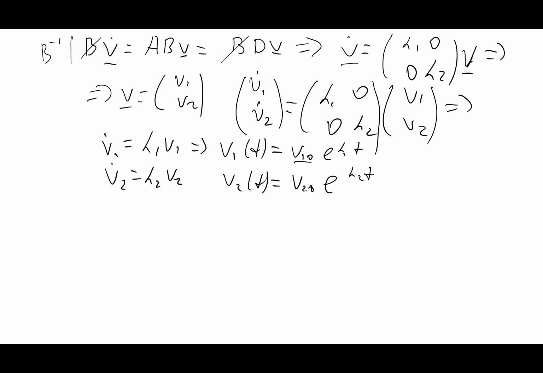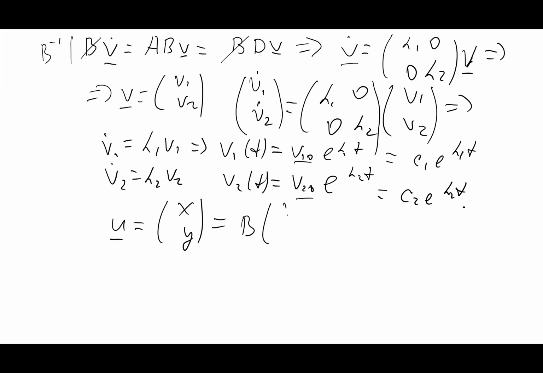We can replace these initial values by C1 e to the power of lambda 1t and C2 e to the power of lambda 2t. Now getting back to our original vector u, which is xy, and which is B times v1, v2.